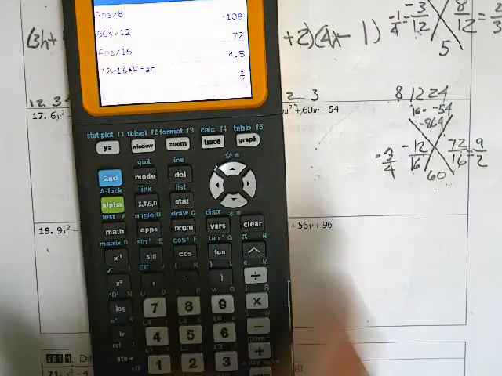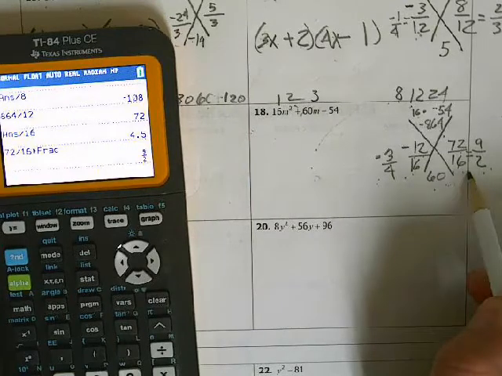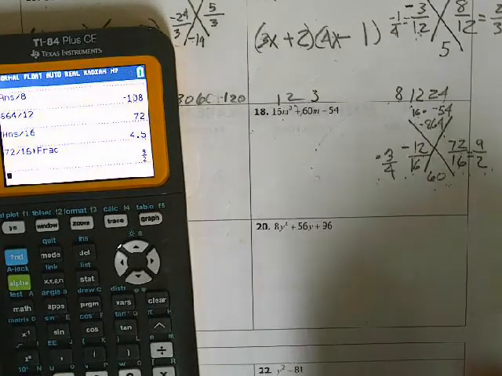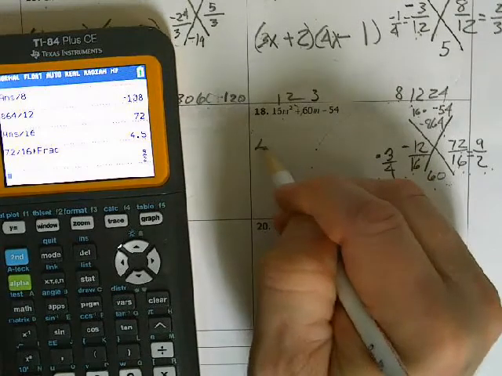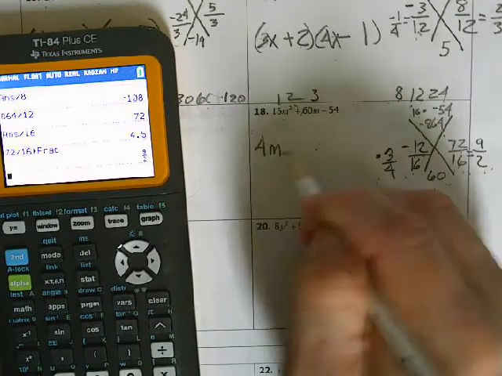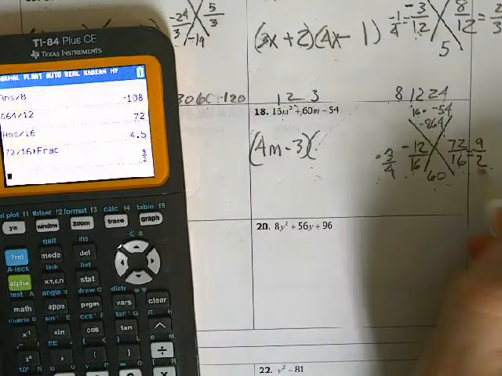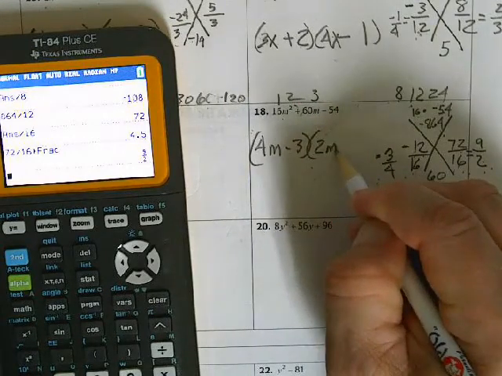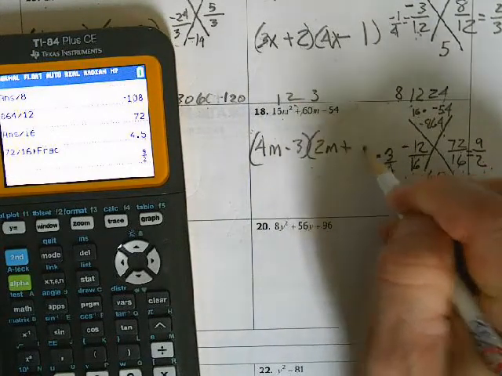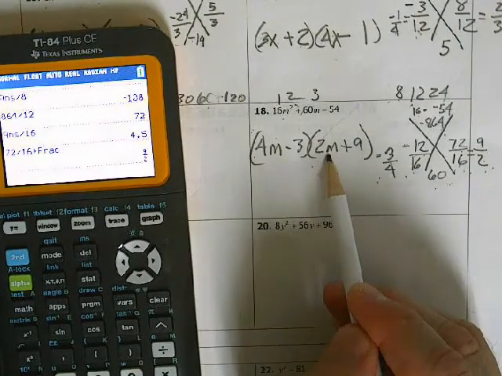Okay? So these two end up being the coefficient of my x's, or m's in this case, rather. I have 4m minus 3 and 2m plus 9. 4 times 2, hold on.